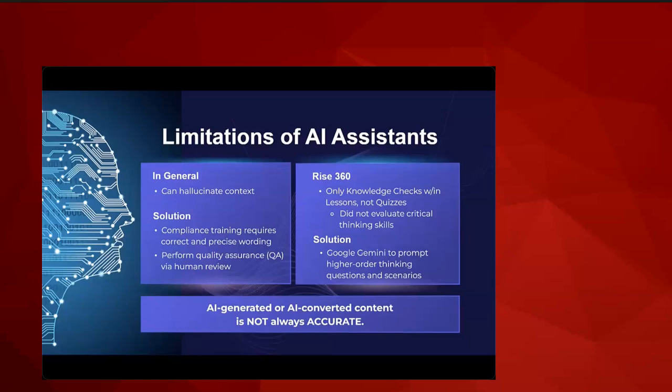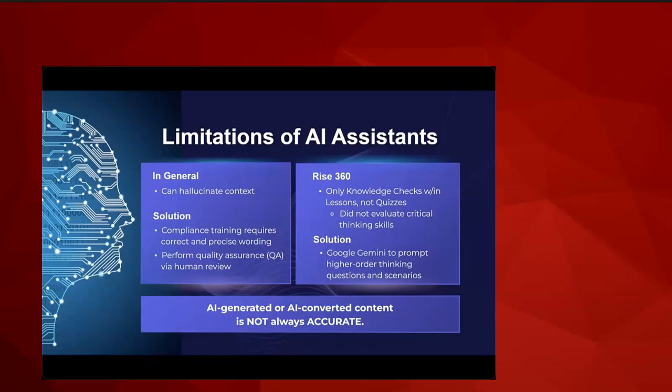This is especially critical when interpreting regulations or legal language. Compliance training requires precise wording, and errors could lead to misunderstandings or regulatory issues. This is why following proper quality assurance processes through human review and subject matter expert validation are essential before publishing AI-generated content to the broader public.